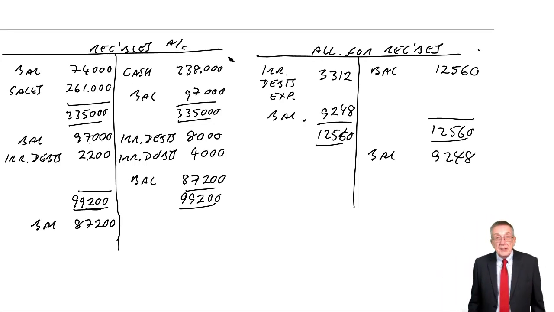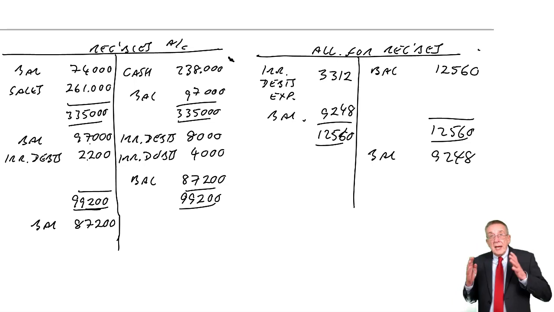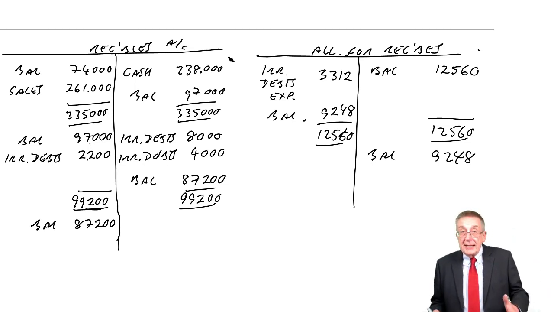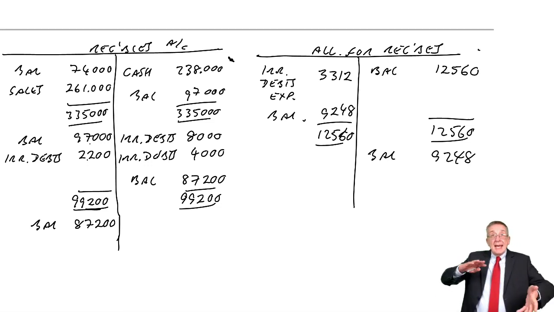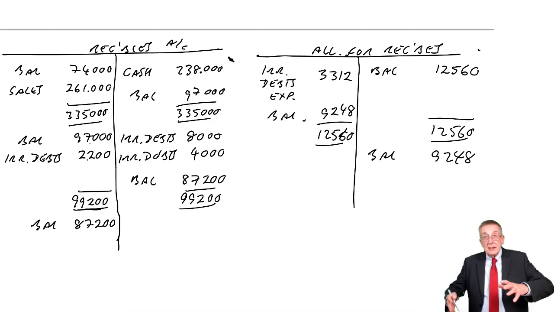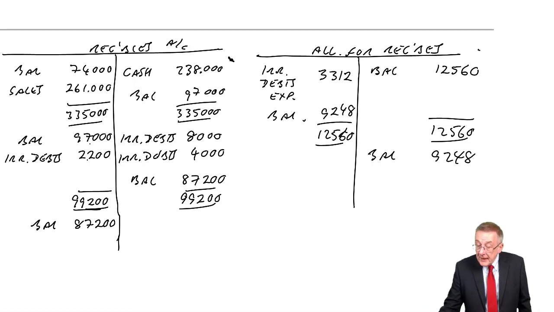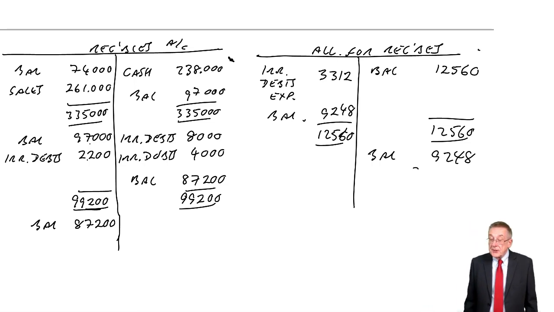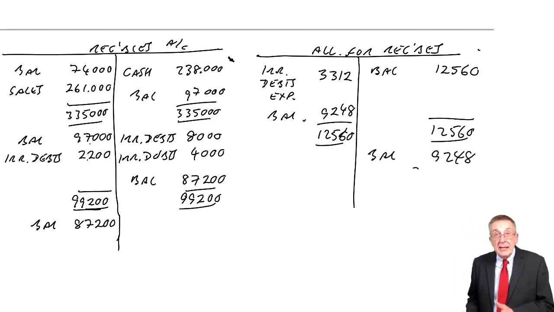So with the allowance, this is the big reason I needed to do a second year. The allowance, you calculate what allowance we need at the end of this year. You adjust any existing allowance to get the figure we want. Here, I wanted a lower allowance, so we debit the allowance with the difference and credit the expense account.